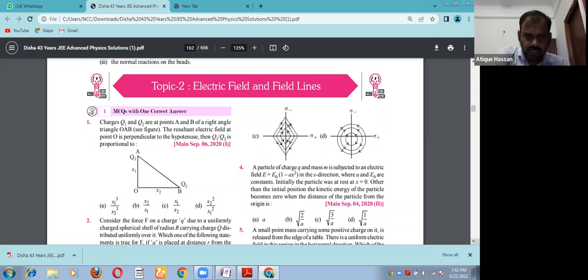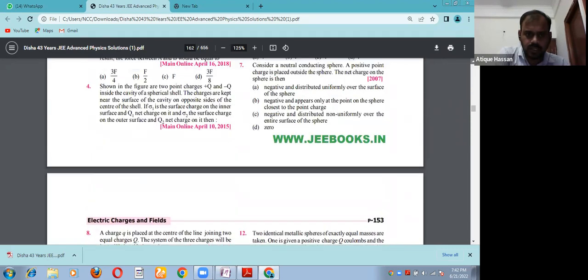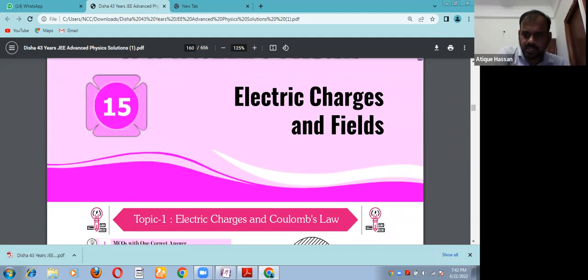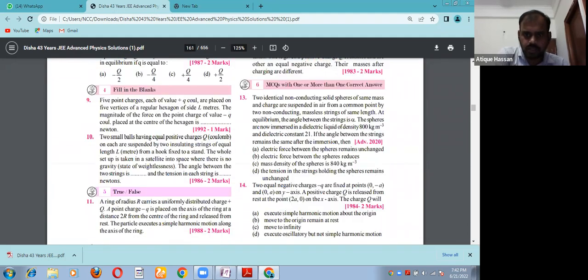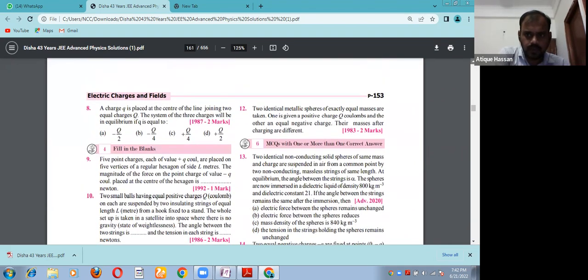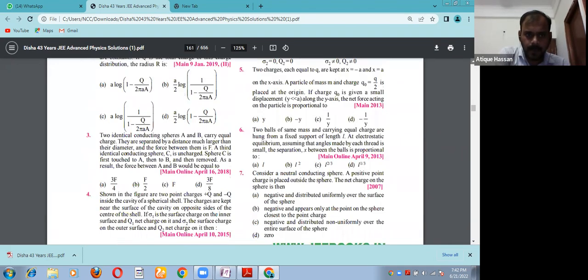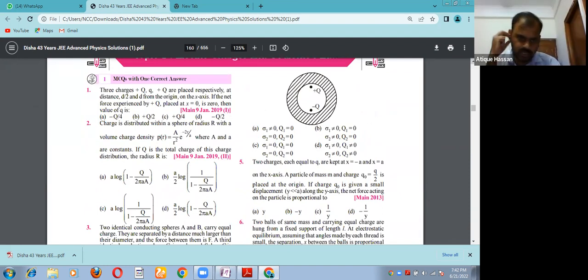So now let us see some electric topic one. This is topic one, electric charges and Coulomb's law, VSM JEE questions. Let us see the first question. Three charges plus Q. You solve the question first. Try it.